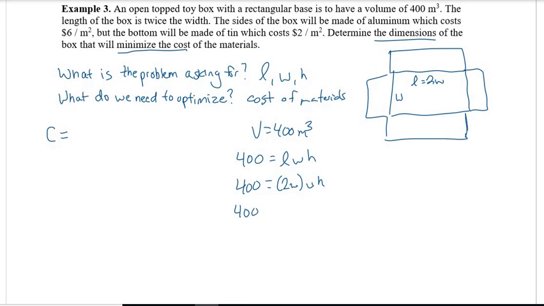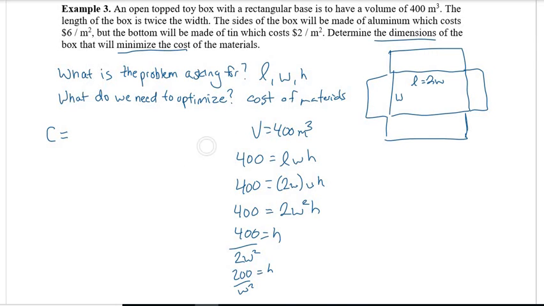So 400 is going to be equal to 2w squared h. So now we can move over the 2w squared and divide it out, so h is equal to 200 over w squared. So that helps out a little bit.